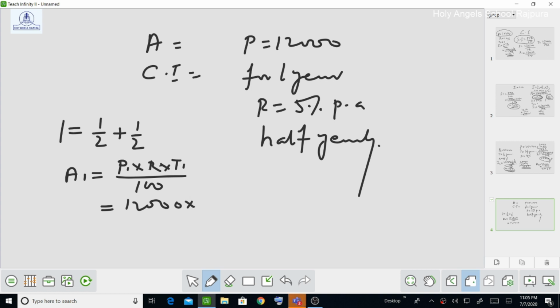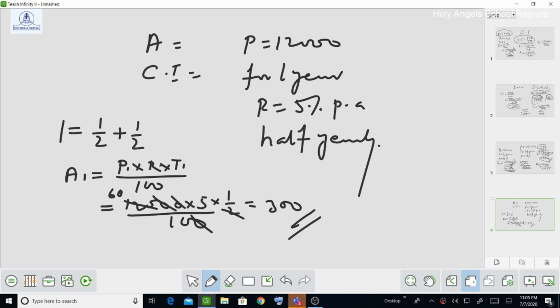Let us see: 12,000 into R, which is 5, into half upon 100. The zeros cancel, and 2 and 120 cancel. This is 60. 60 into 5 is equal to 300.